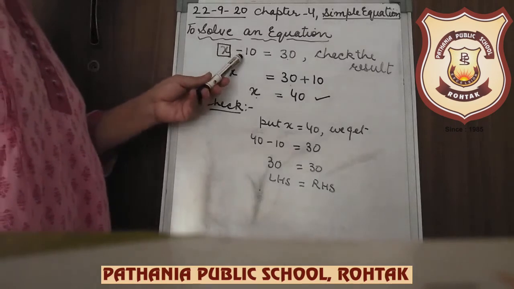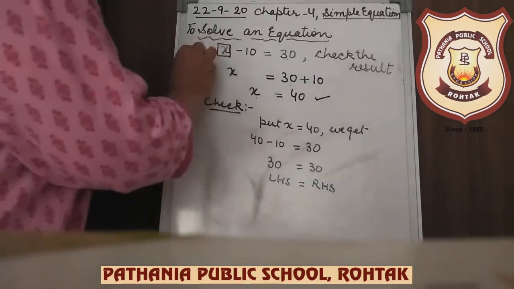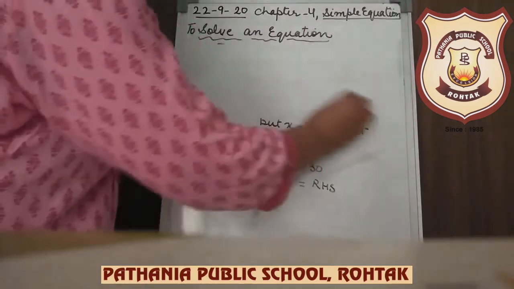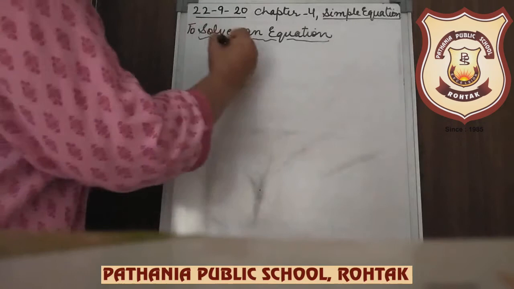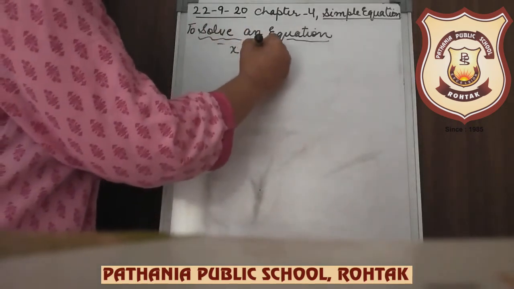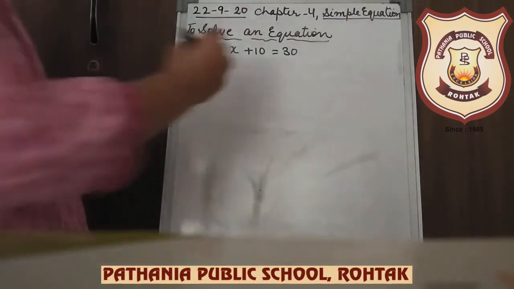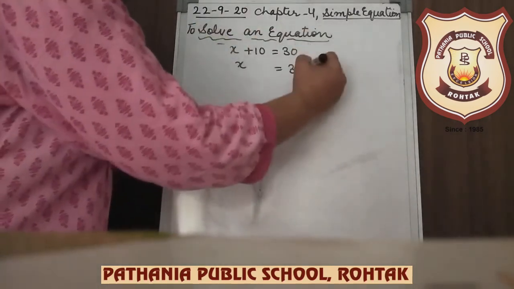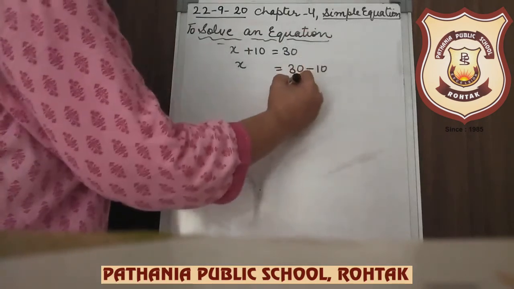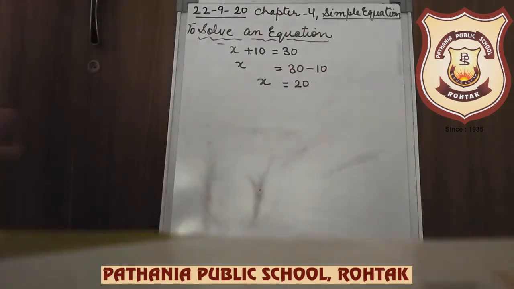Now this is the equation where there is a sign of subtraction, but if there is a sign of addition, I am writing the same equation, x plus 10 is equal to 30. Then what will you do? x is equal to 30, this plus sign will change and become minus, and now the value for x is 20.